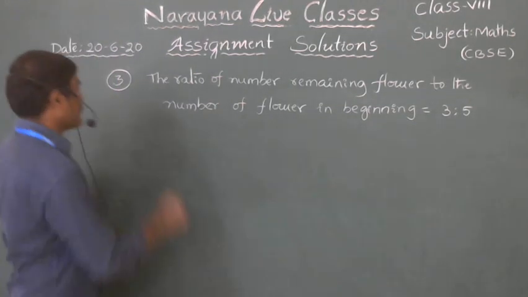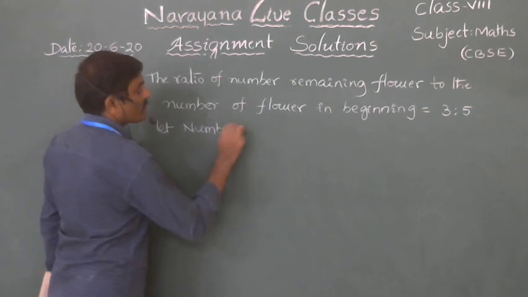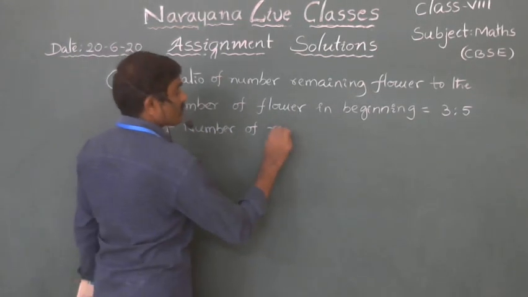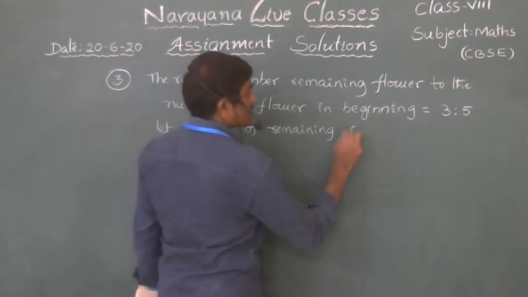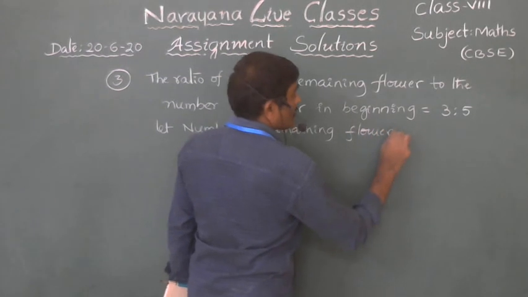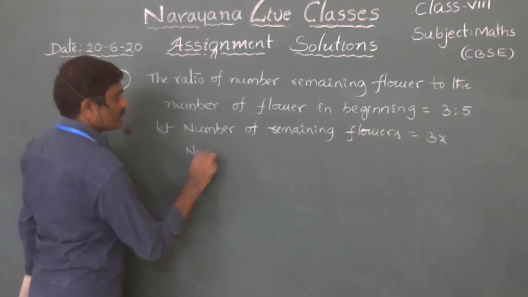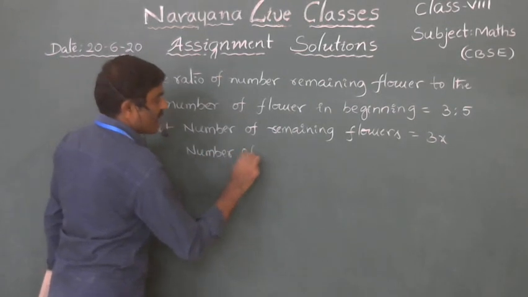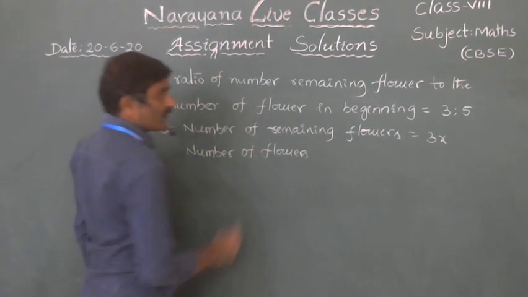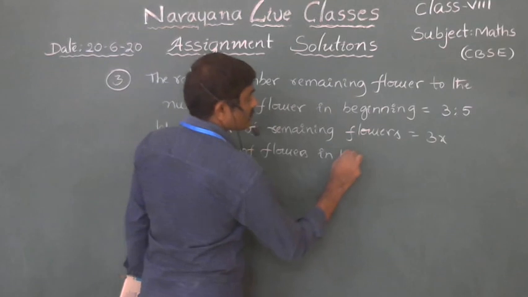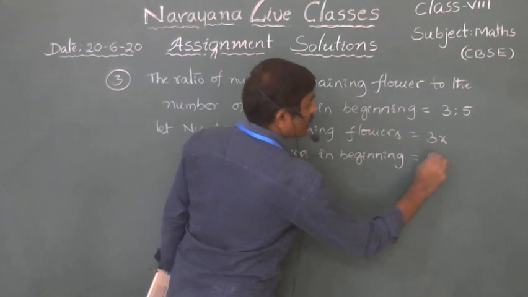Okay, so let the number of remaining flowers equal 3x. The number of flowers in the beginning is equal to 5x.